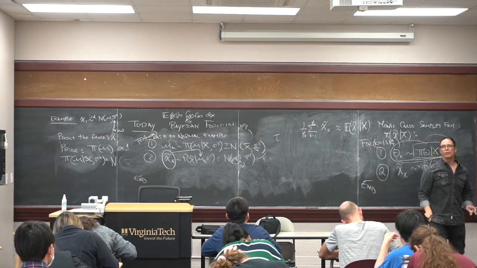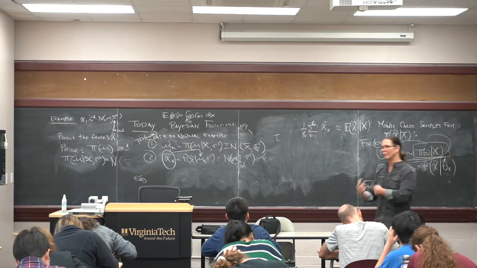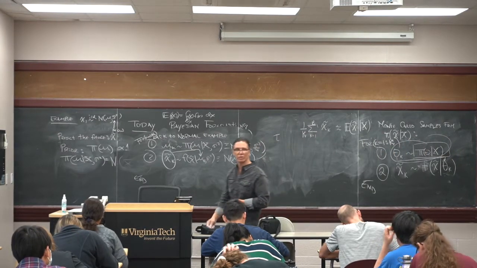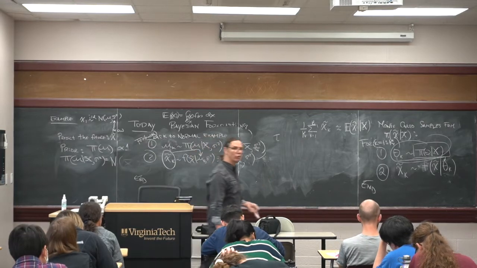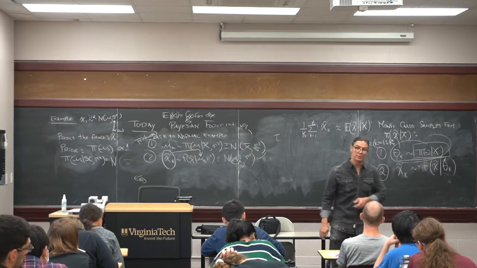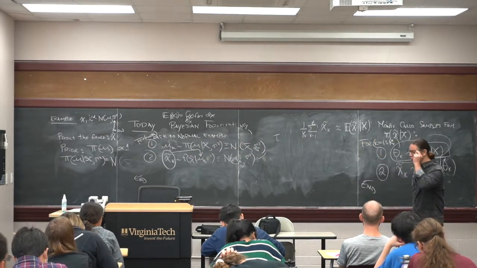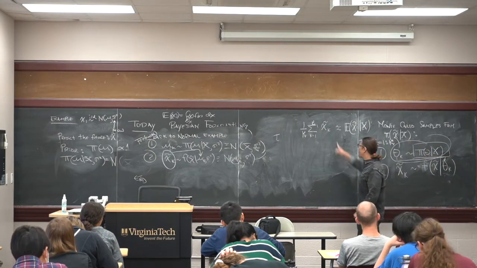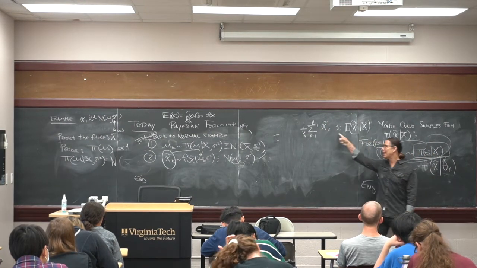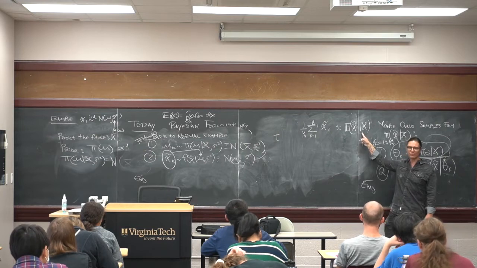So if I didn't know how to do the integral and I knew how to sample from both the posterior distribution and the sampling function, in this case they're both normal, so if you know how to do one, you know how to do both of them, then I could just average these samples. And that average would converge to this.